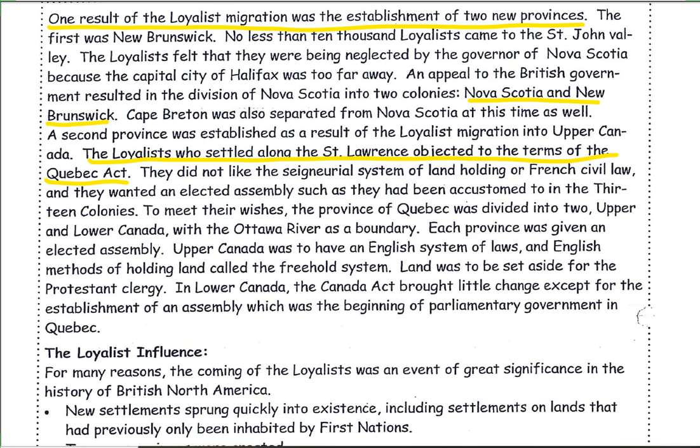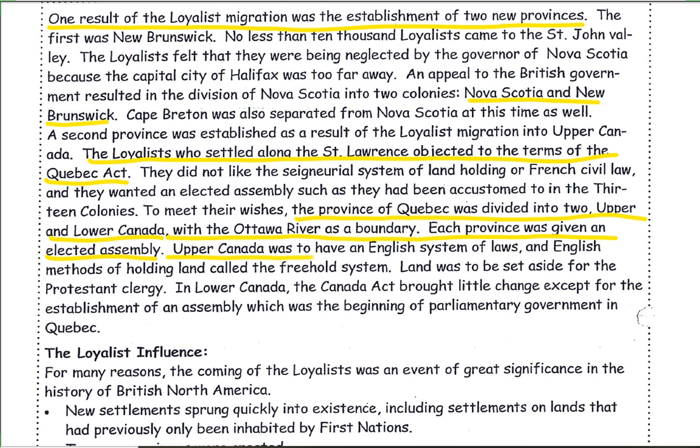To meet their wishes, the province of Quebec, this is where you're highlighting, was divided into 2, Upper and Lower Canada, with the Ottawa River as a boundary. Each province was given an elected assembly.